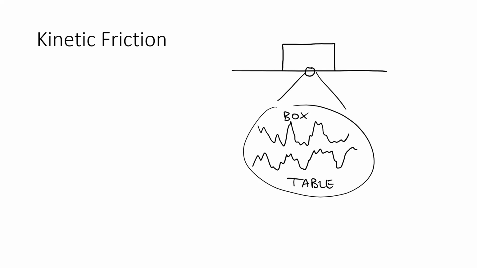And we're going to be pushing the box on the table. So you can imagine those hills and valleys grinding on top of the other one, bouncing, riding up on top of them, as we push or pull things together.